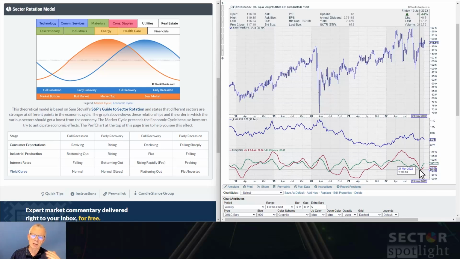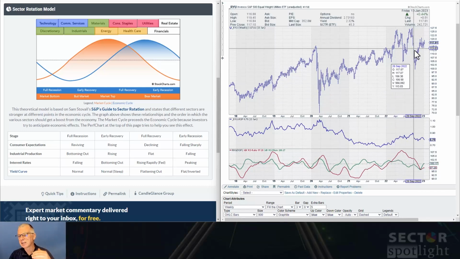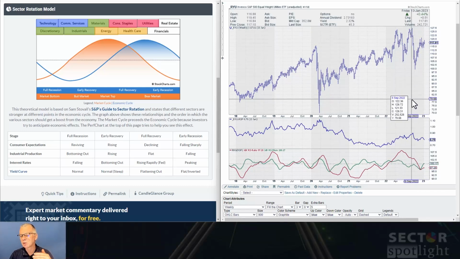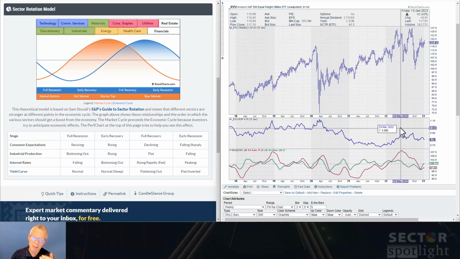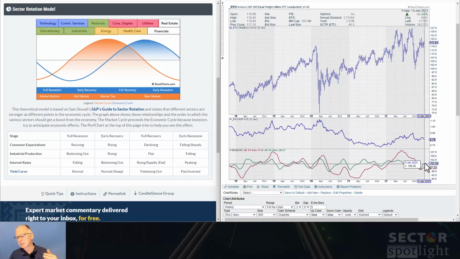I'm going to call it red, because I think it is ready to roll over, and we didn't make it all the way up. So utilities is definitely starting to be one of the weaker sectors, even despite that rapid rise in relative momentum. It already starts to lose momentum, and you can see why that is. So that makes the utility sector pretty vulnerable.